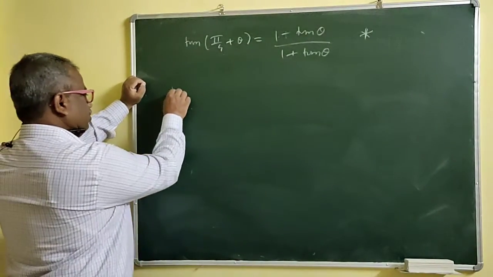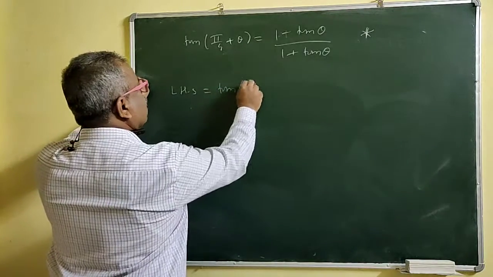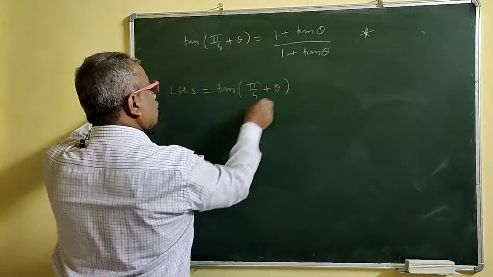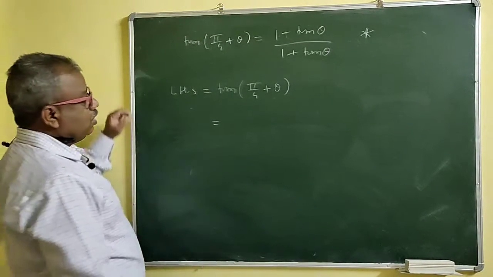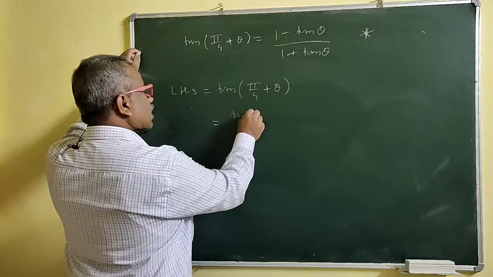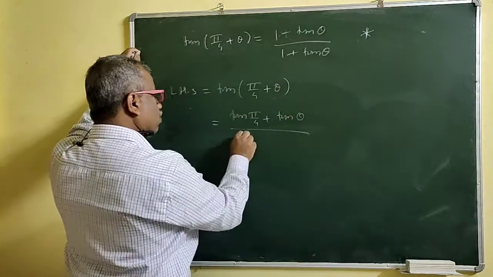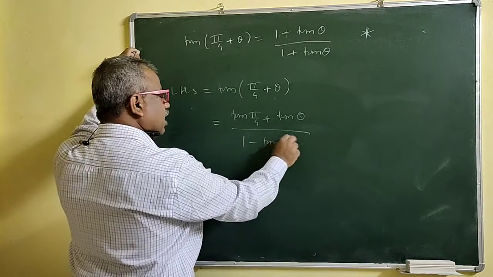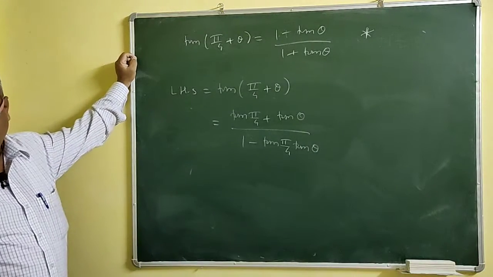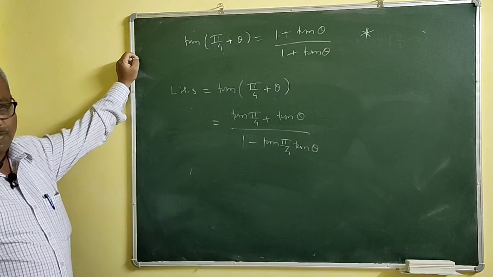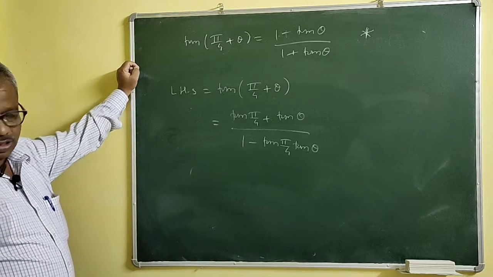So take LHS. You may take RHS also, it doesn't matter, but this may be easy. So apply the formula for tan(A + B): tan A plus tan B upon 1 minus tan A tan B. Just say A and B, don't write A and B, replace A with its value.